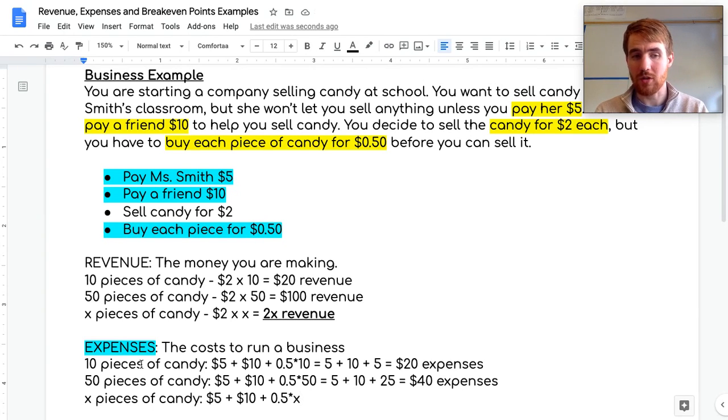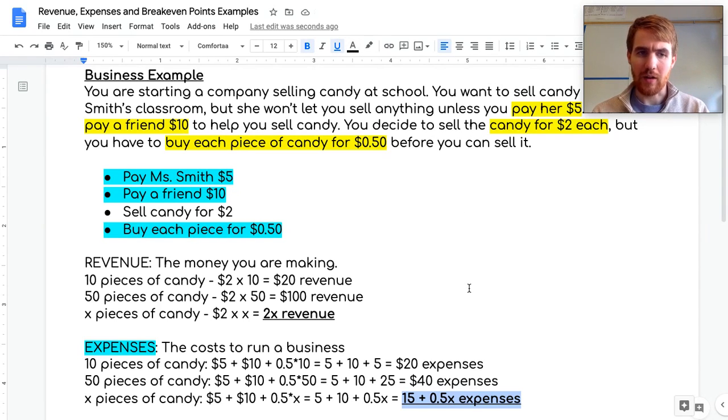But we don't know, so we put X in there. And that's going to make this expression equal to 5 plus 10 plus 0.5x. You can add the 5 and the 10 together to get 15 plus 0.5x. And this is an expression that represents the expenses no matter how many pieces of candy you sell, because you know it's going to cost you more if you sell more candy.